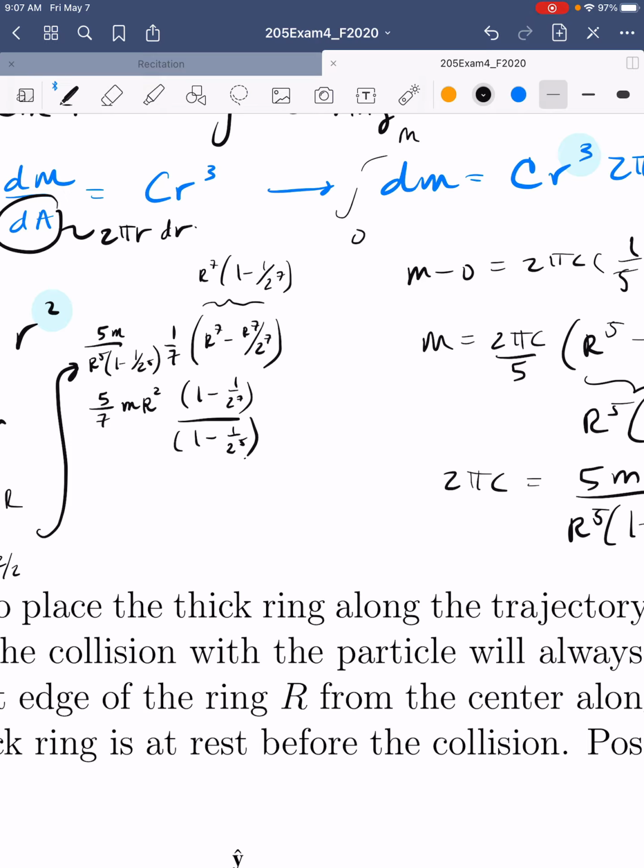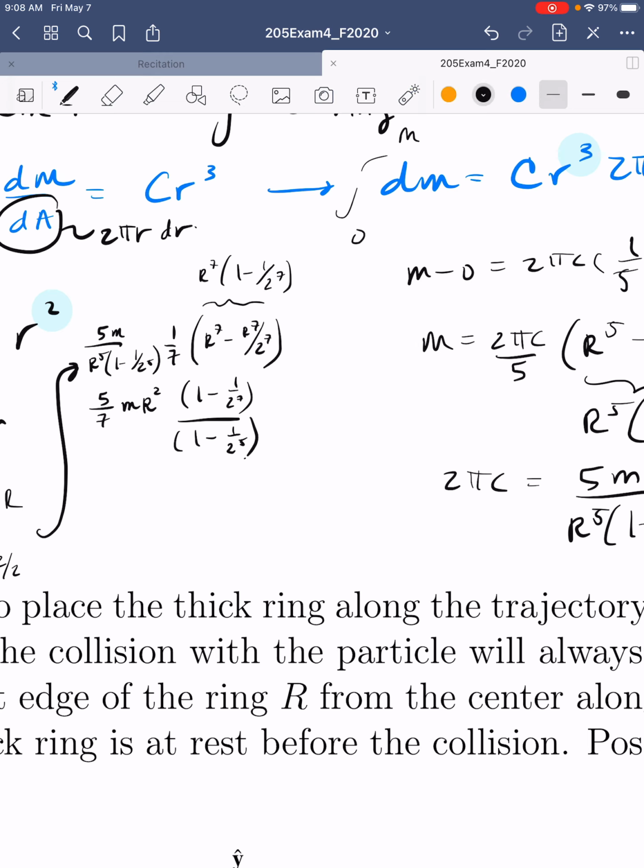Now, I could simplify this a little bit if I wanted to. Multiply both this by 2 to the 7th over 2 times 2 to the 7th. Do I want to do that? I don't know.